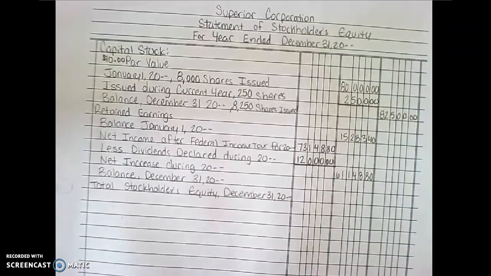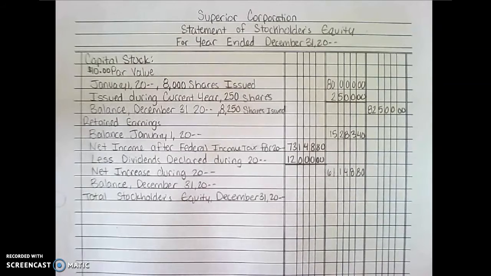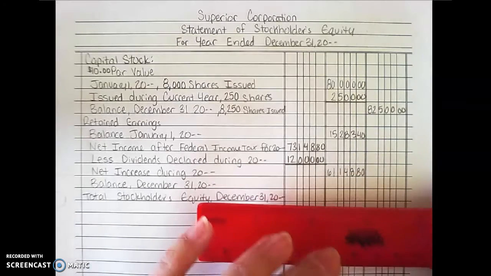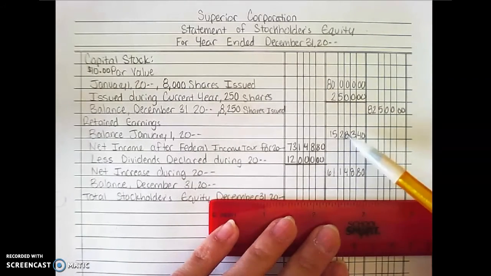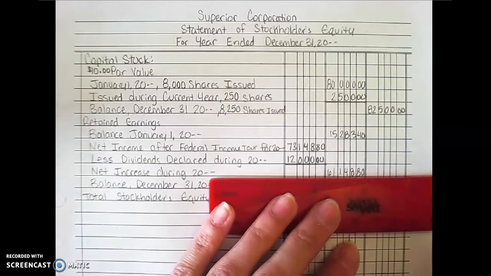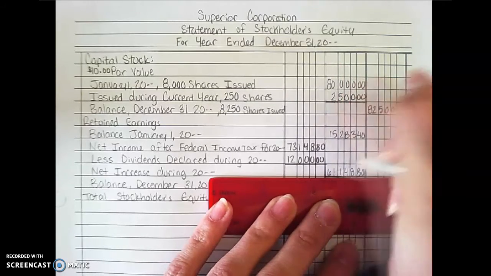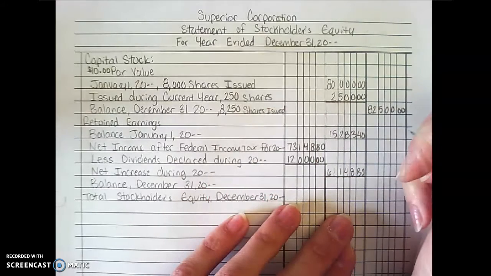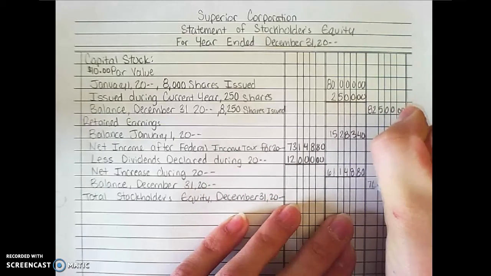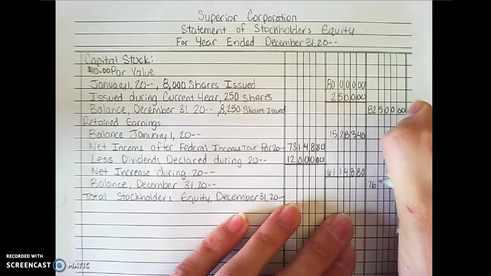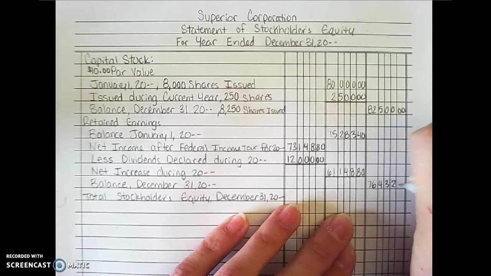If we were to have a net loss, this would be different, but I don't believe we will see any of those at the moment, so I'm not going to worry about it. So we have our balance of retained earnings and then our net increase. So draw a single line. We're going to add these two numbers together, and our balance will be $76,432 and then 20 cents.